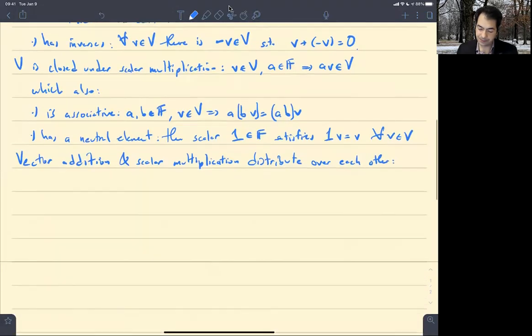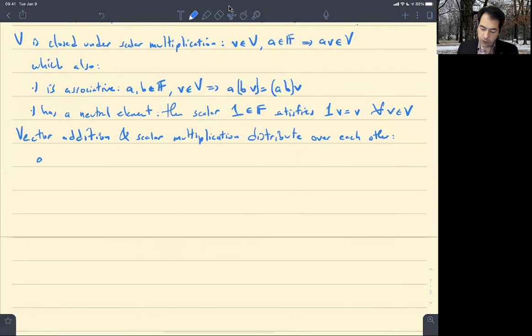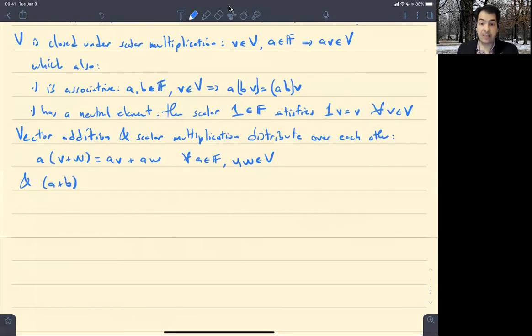What I mean by that is that if you do a times (v plus w), then you get a times v plus a times w. This is for every element a of the field and vectors v, w. And if you add together a and b inside the field and then do scalar multiplication against a vector v, that's the same as if you first do scalar multiplication with a and with b and then add them together.